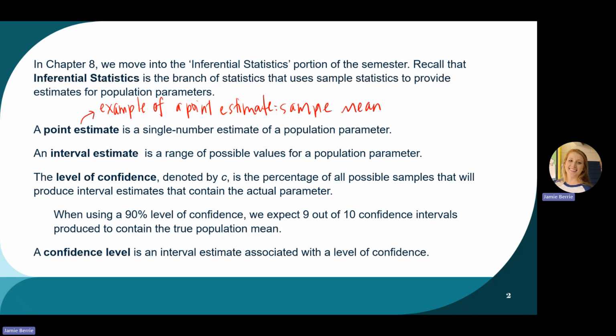A point estimate is just where you use a single number to estimate a population parameter. So we are using the sample mean to estimate the population mean.